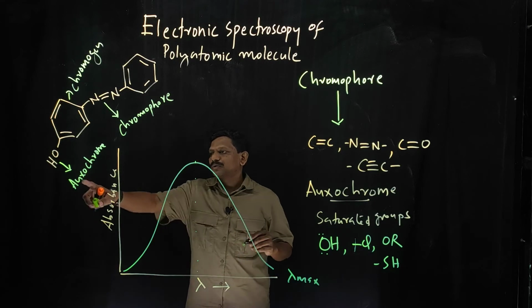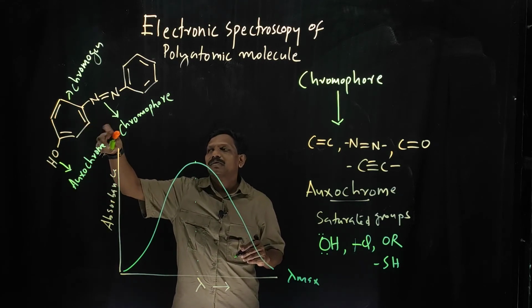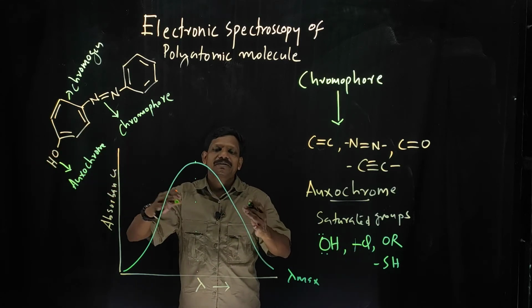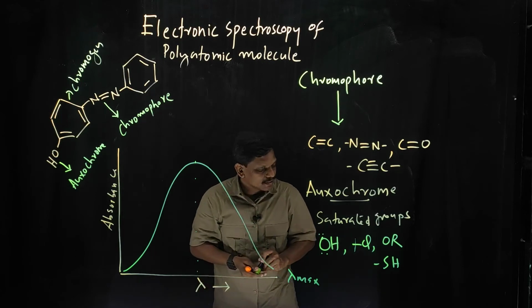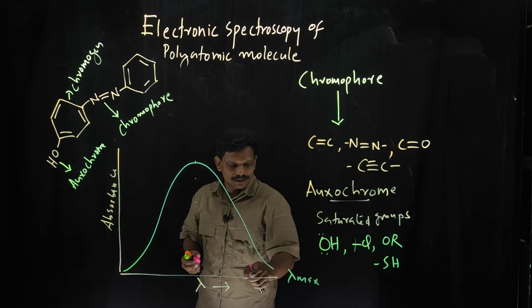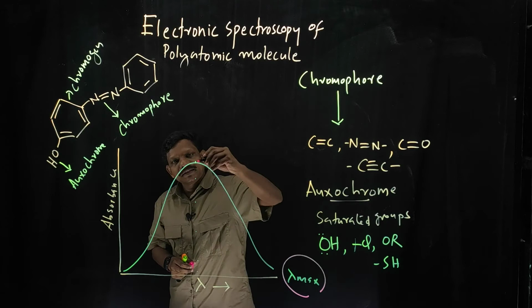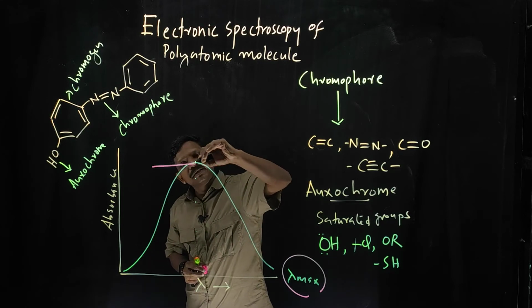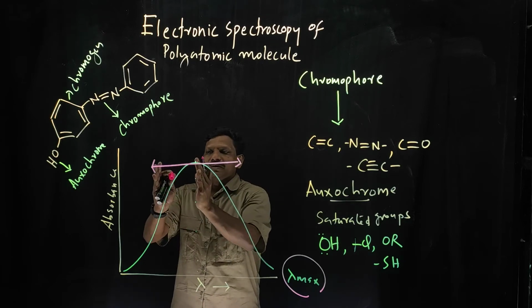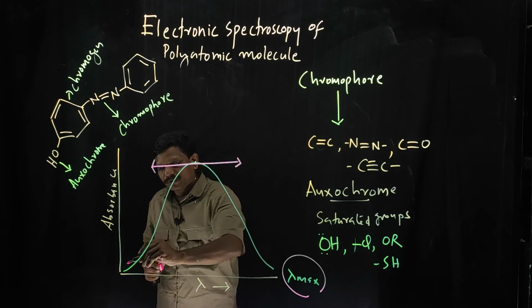Okay, I told you that due to the oxochrome there will be some shift in the wavelength. If you replace it with some other group, there will be a change in the lambda maximum. This lambda maximum can be shifted to here or here.